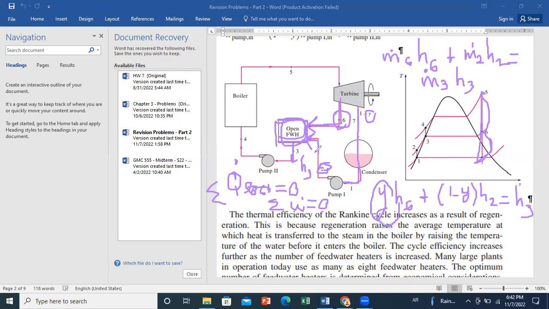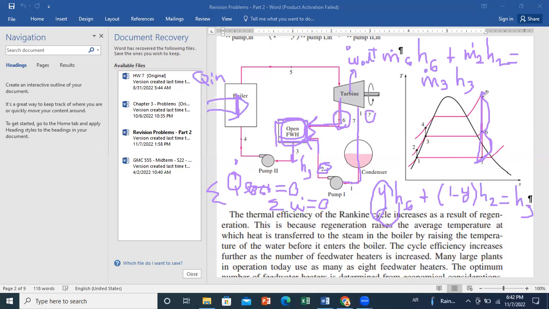And for the other components, you are already familiar with how to treat them, and we'll do this progressively. So you know that in the boiler, you have Qin. At the turbine level, you have W out. But here you should pay attention that W out is divided into two stages.